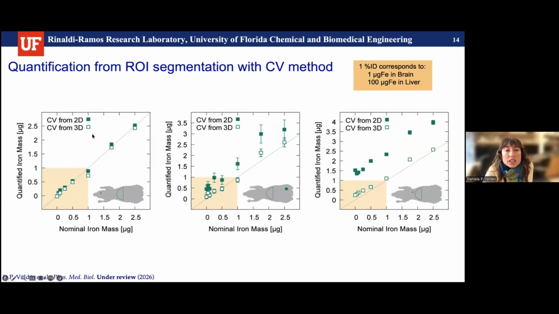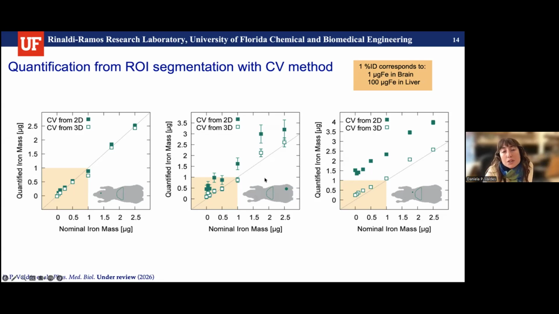So when we start looking at the data, we have from left to right, brain data set, flank data set, and lung. The brain is almost not affected by this new segmentation method. We can still quantify both in 2D, 3D. Of course, the one that we couldn't quantify in 2D because we had the background connected to the region, now we can.